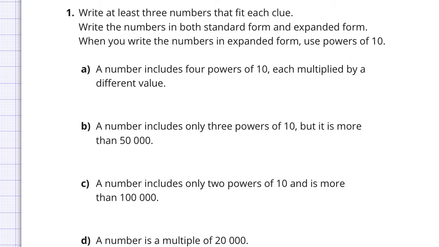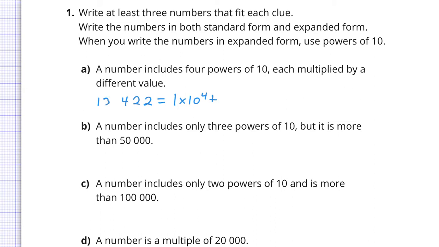So I'm just picking a random number. Let's do 13,422. And to write this, I first look at this first digit here in the 10,000 spot, and I'm going to say, okay, I have one group of 10,000, which can be written 10 to the power of 4. Then I need to add some more. I look at my next digit, which is 3.